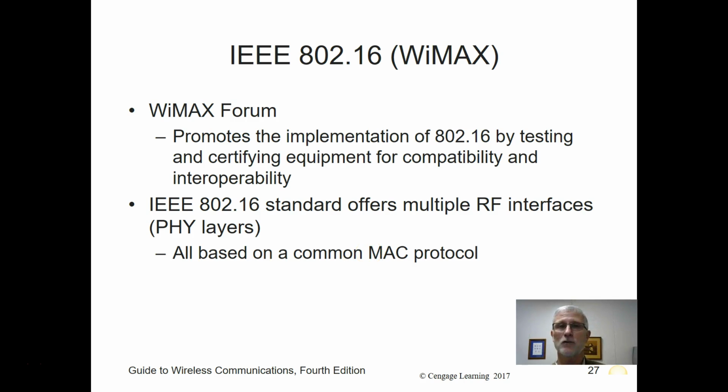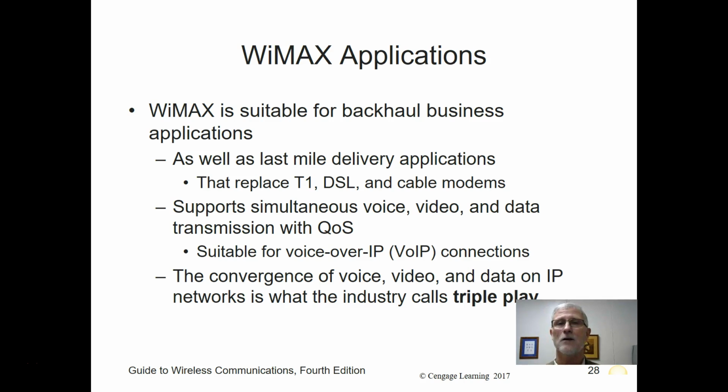Remember that was divided into 2 sublayers at layer 2. One handles the different physical interfaces, and one interfaces back up to the network layer. So that's what you're seeing here. 802.16 allows different standards for the physical interfaces. Now, some of the applications: again, the last mile, it can definitely replace T1, DSL, and cable modems.